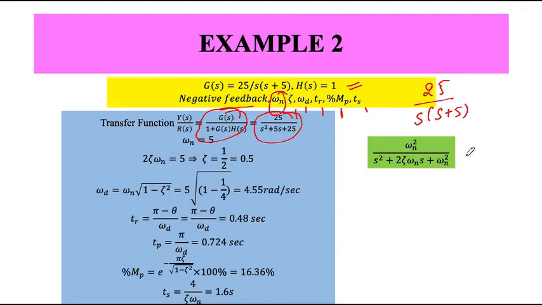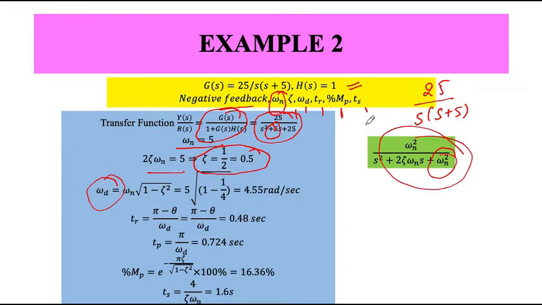I will compare with the general formula. It gives me omega n equal to 5. Then 2 zeta omega n is equal to 5, so I can get the value of zeta equal to 0.5. Now that I know omega n and zeta, I can compute omega d, which is 4.55 radian per second.